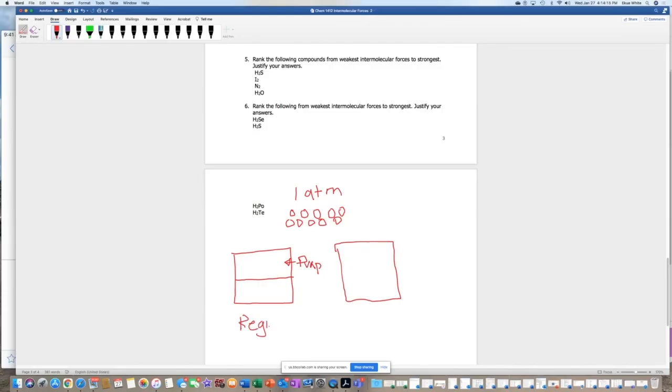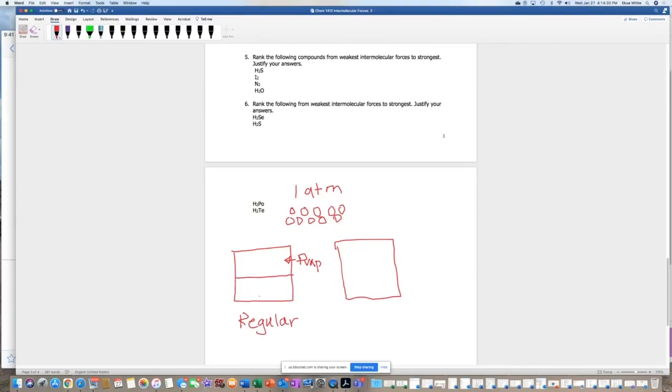In the regular container, let me say we are at boiling. So at boiling, you have some liquid molecules right here, and then in the gas, you have, let's say, 1, 2, 3, 4, 5, 6, 7, 8, 9, 10.